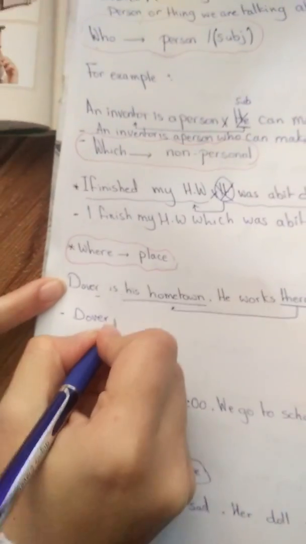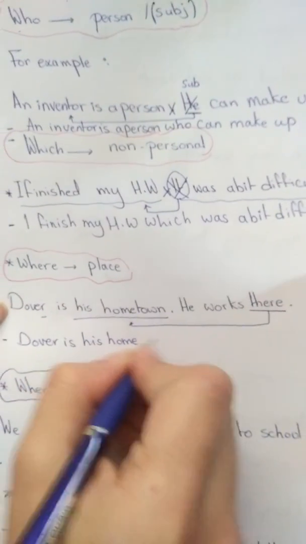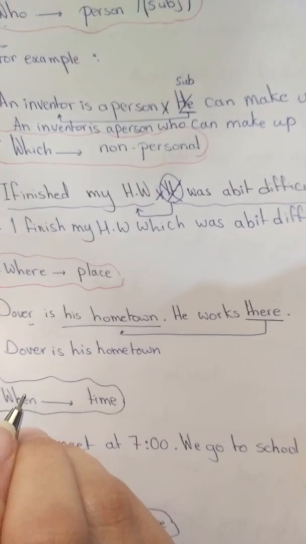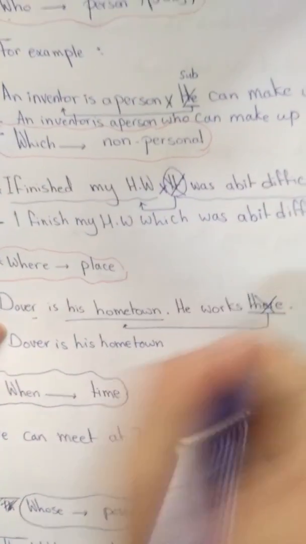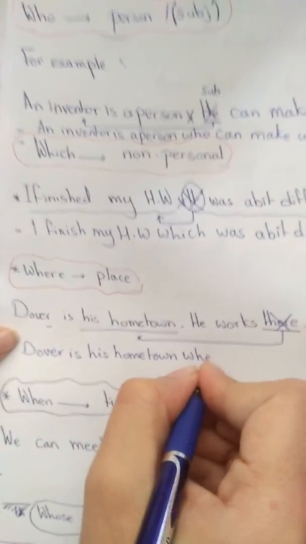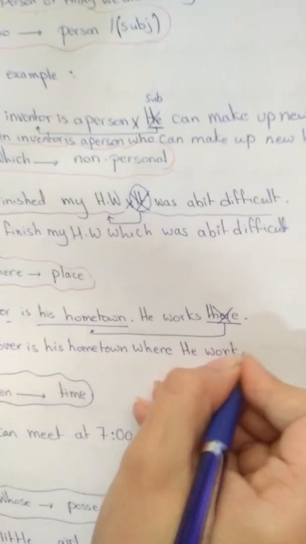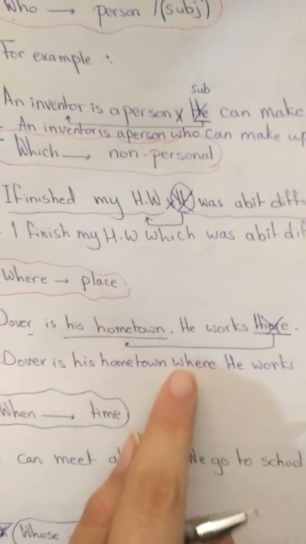Dover is his hometown, which is a place. Then we delete there, and he works. His hometown is a place.